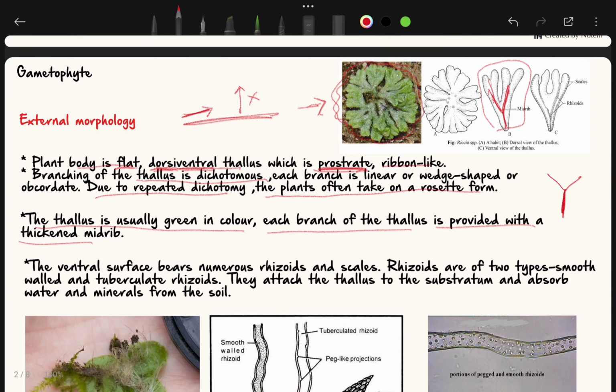So the plant body will be somewhat like this. In the middle you'll find the midrib, and this furrow here, this curvature that you can find on the plant, will be known as the dorsal groove, or it is also known as furrow.